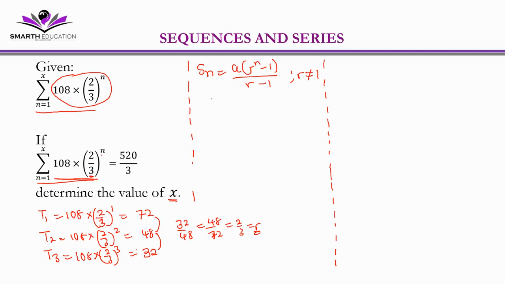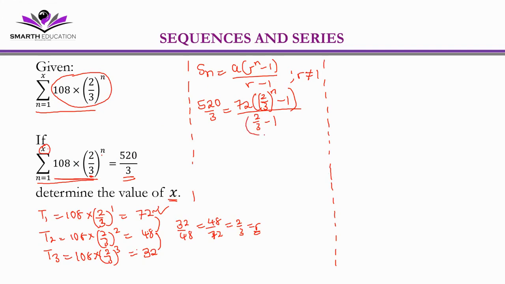We substitute into our equation. 520 over 3 is equal to A, which is 72, T1, then R is 2 over 3, to the power n, minus 1, all over 2 over 3 minus 1. The x that you are looking for here is the n. So if you find n, we have found our x.